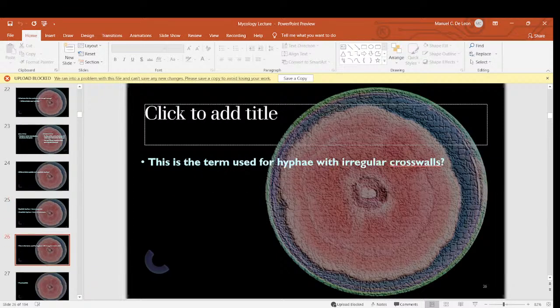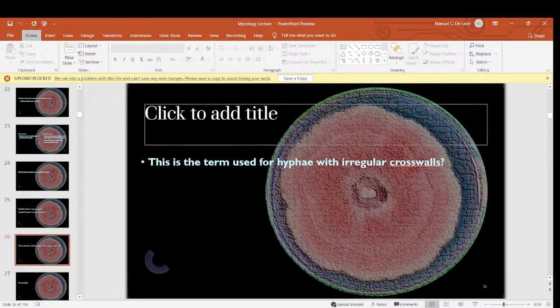The term used for hyphae with irregular cross walls. This is another difficult question, and I'm going to give you guys 15 seconds to answer. I'm timing so that we can move along because we have to discuss virology also.